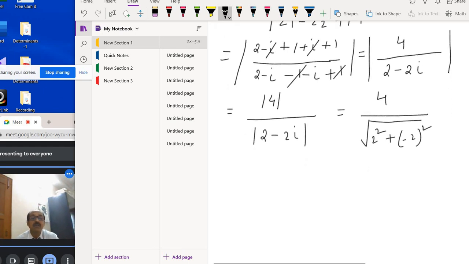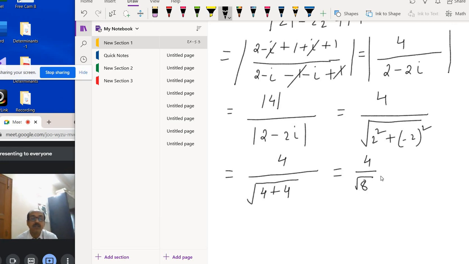Okay, now equal to 4 by root 8, 4 plus 4, equal to 4 by root 8.